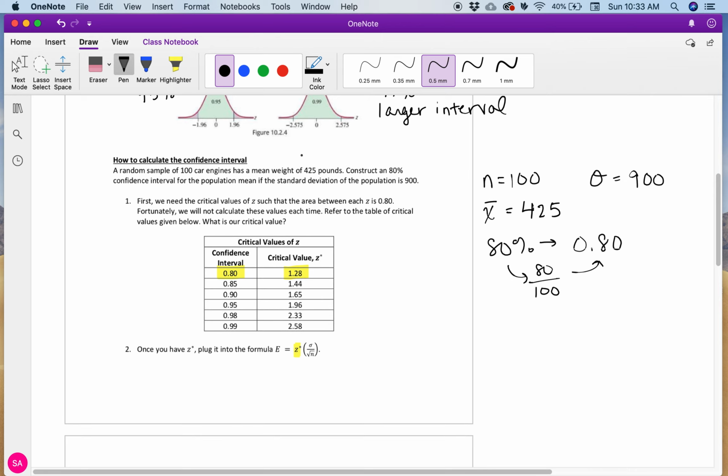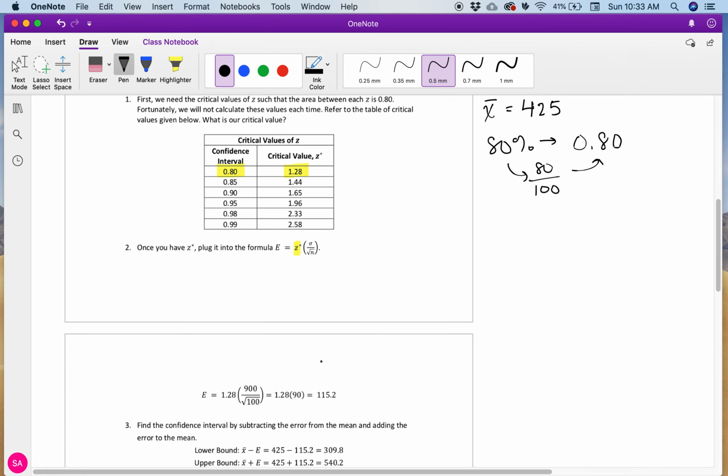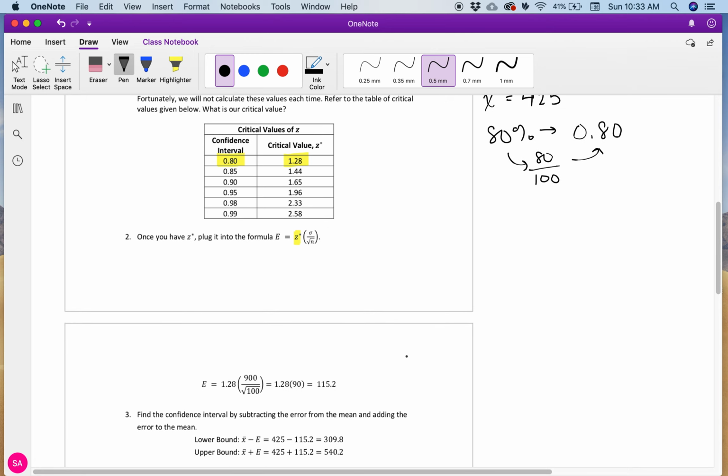Now, once you have your critical value, your z star, we're going to go ahead and plug that in and figure out our error. Okay. Just so you know, we take the positive z-value, not the negative.